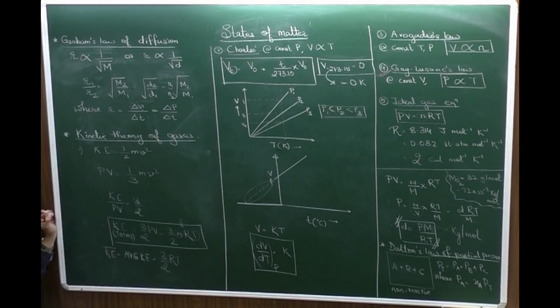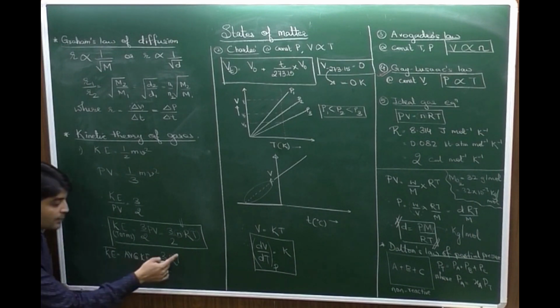3 by 2 RT. Now this is very important. If you are asked about two gases and their average kinetic energies, it's just dependent on the temperature. So if the temperature is also the same, the ratio of their kinetic energies will be 1:1. But if the total kinetic energy ratio is asked, it will be dependent on the number of moles at a constant temperature.